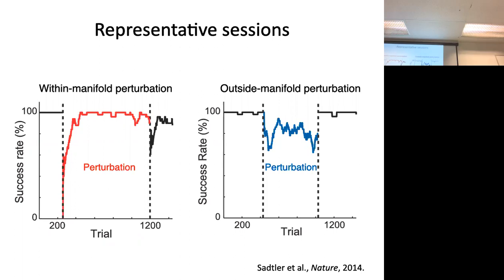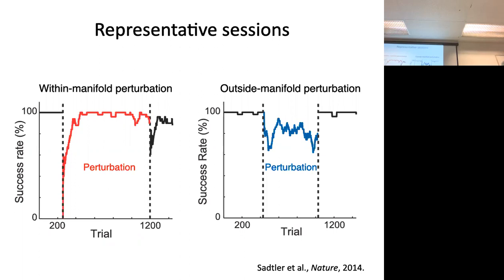At the very beginning of the experiment, we have the animal passively watch the cursor moving on the screen. It turns out that the neurons in motor cortex change their activity in accordance with the direction in which the cursor is moving.